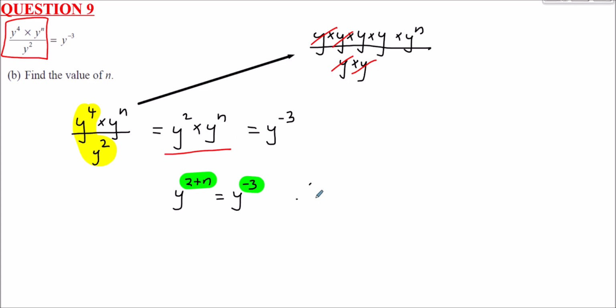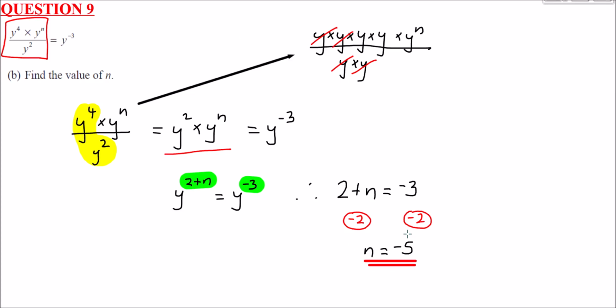So therefore, 2 plus n equals negative 3. Now if we subtract 2 from both sides to leave n on its own and giving n as the subject, we'll see that n is minus 3 minus another 2, which is minus 5. So this is solved by realizing that n equals negative 5.